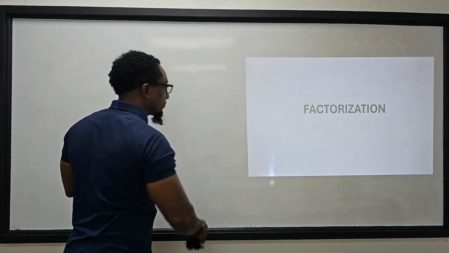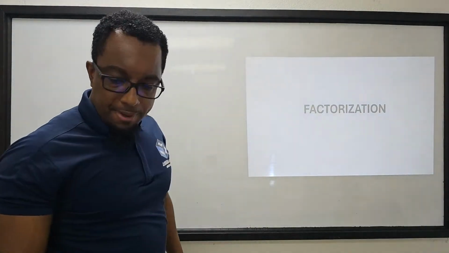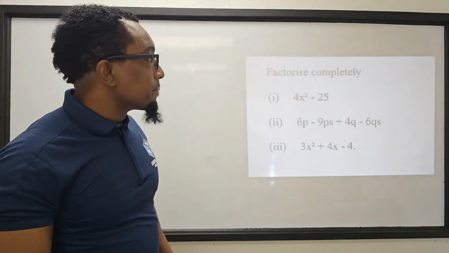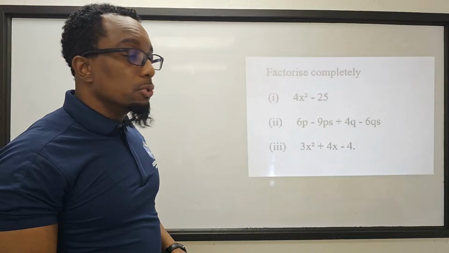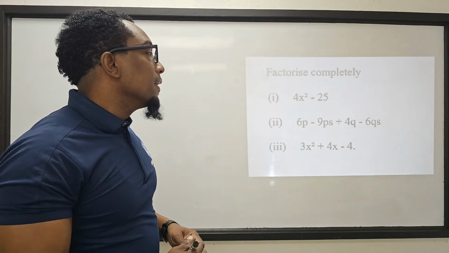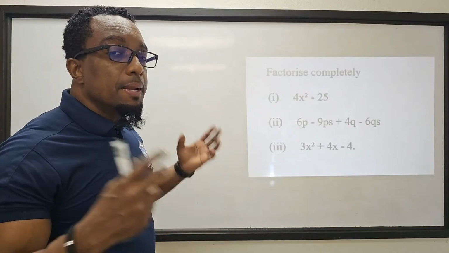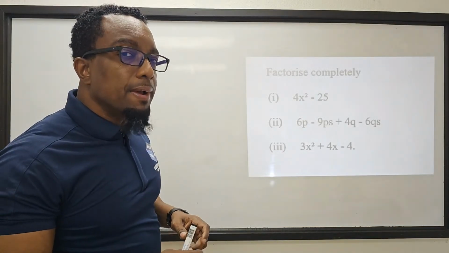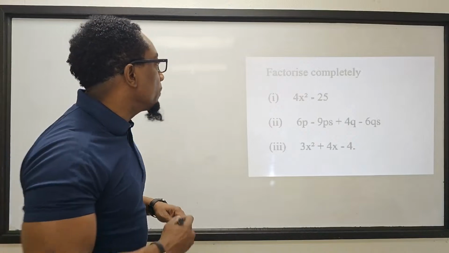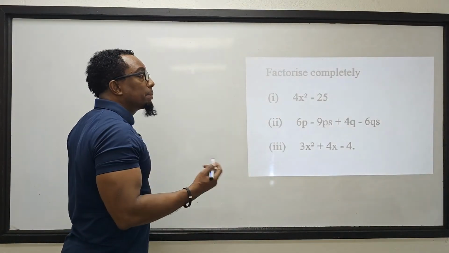So they want us to factorize the following expressions. So you factorize expressions, and when you factorize an expression, you represent your answer as a product of factors. That's factorization. You take an expression and you represent it as a product.